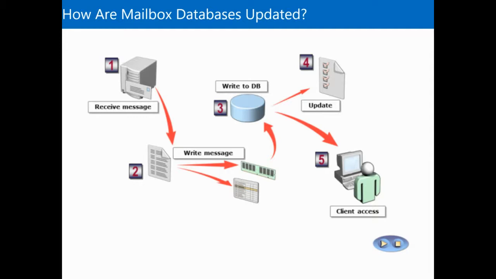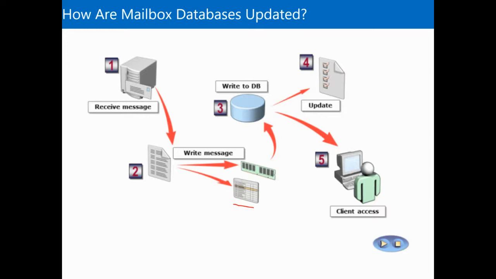At the same time, it writes the message in the transaction log and the memory cache. The mailbox server writes the transaction from the memory cache to the appropriate database.